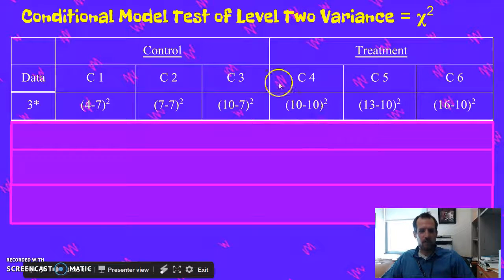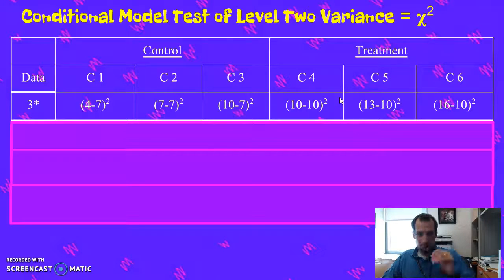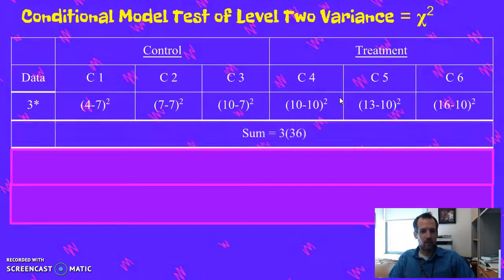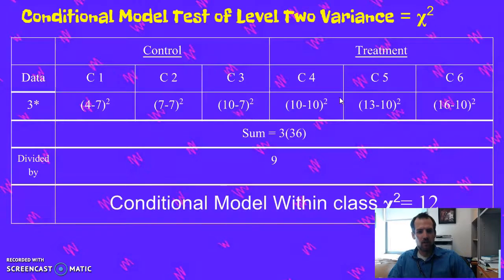So you can tell in this, the condition for the treatment, the average was 10. So we have class mean minus this condition mean, and we're going to square that. So we're going to add all these up, and then we're going to multiply them by 3. 3 times 36. And then we're going to divide it by 9, which was that other variance that we calculated earlier. So our conditional model within class chi-squared variable equals 12.